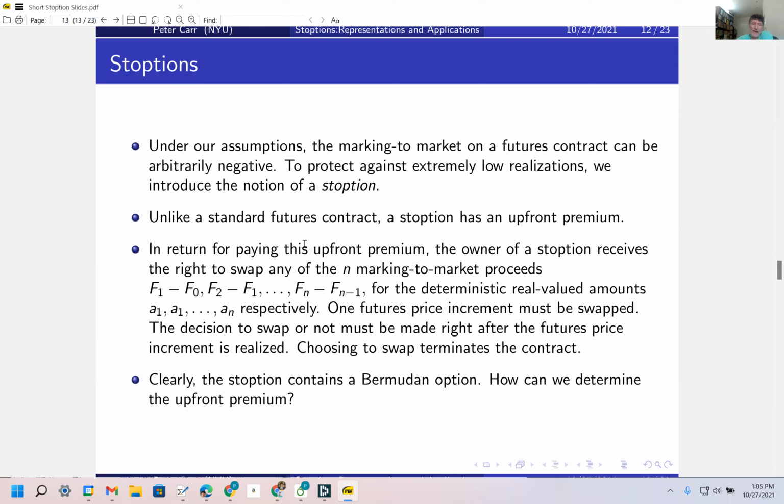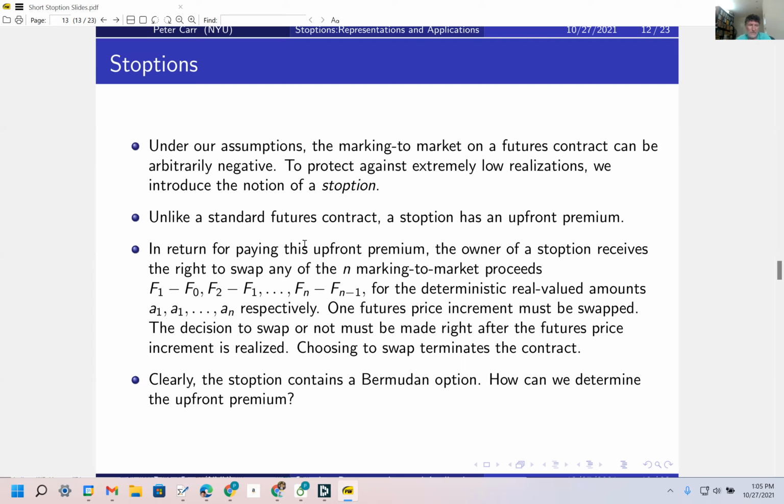So what you're going to get back is the right to swap any of the n marking to market proceeds. And when you swap one of them, you replace that realized value, which is possibly negative, for a number which is also real but is not random. It's known at time zero.